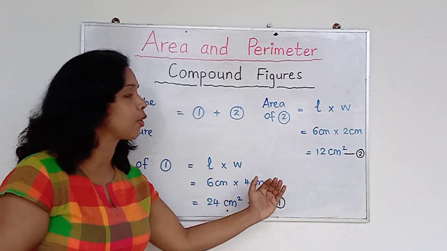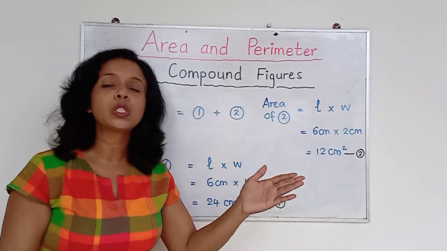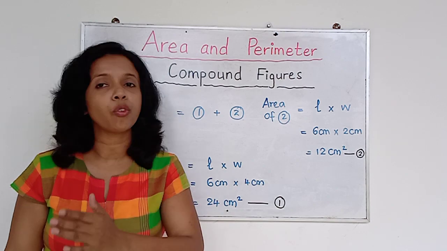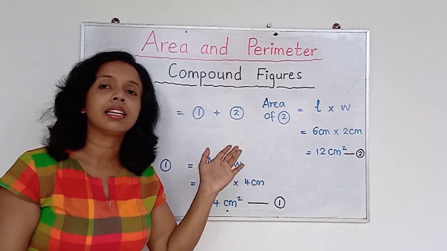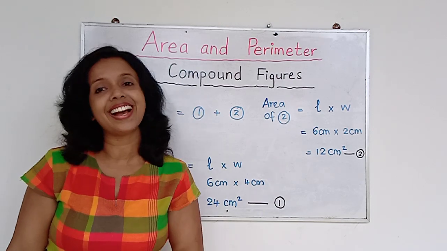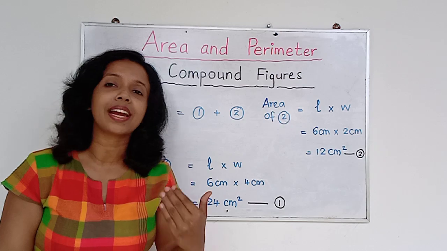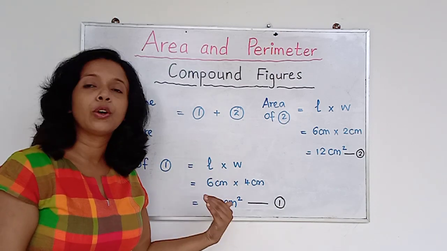But you have followed the correct steps. That means, let's say in the marking scheme, marks will be allocated for each and every step. Then you can have those marks, other than the half mark or 1 mark for the final answer. So that's why you want to practice this neatness, and always follow the steps.